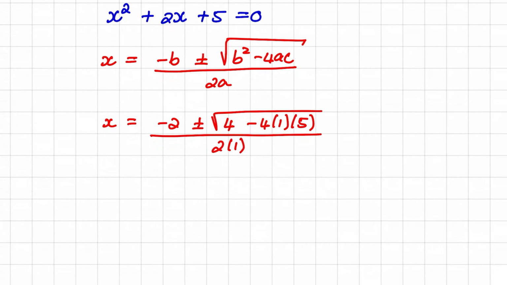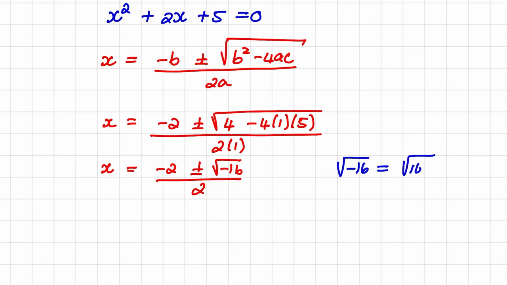And when we simplify further, we have x is equal to -2 plus minus the square root of -16 over 2. Now, we know that the square root of -16 can be written as the square root of 16 times -1, which is equal to 4i, where the square root of 16 is equal to 4, and the square root of -1 is equal to i, the imaginary number.